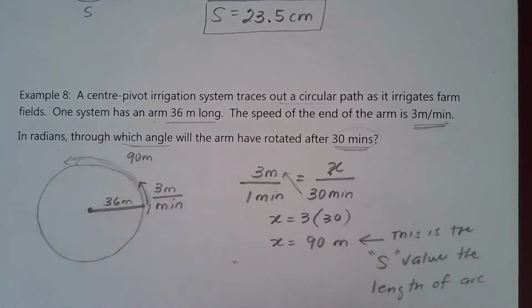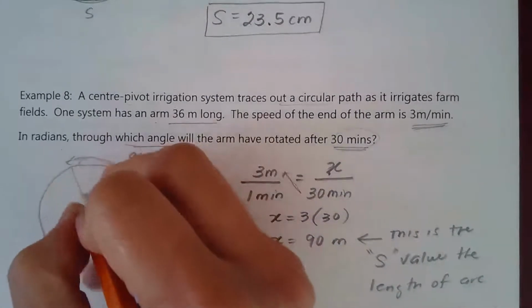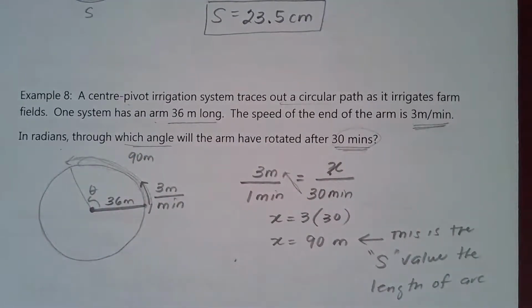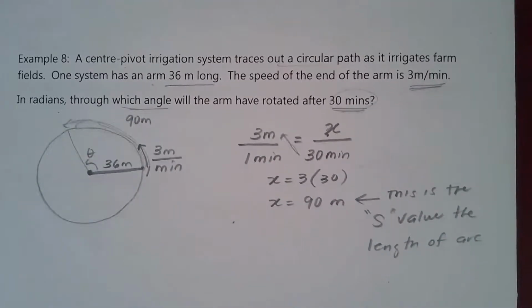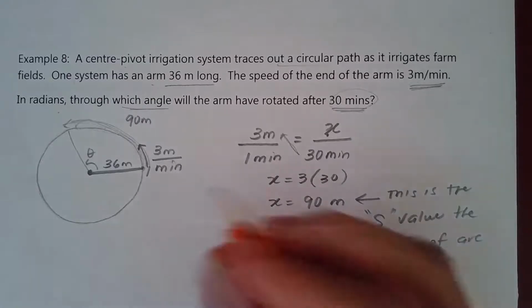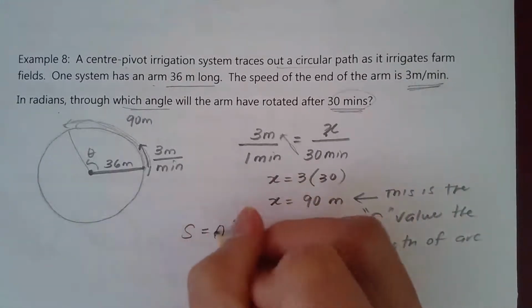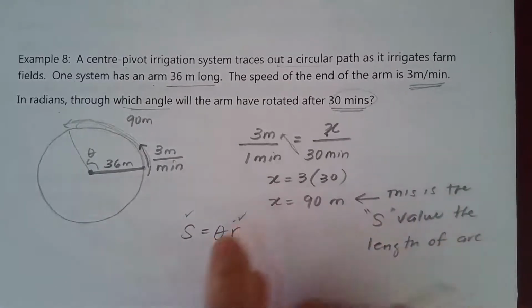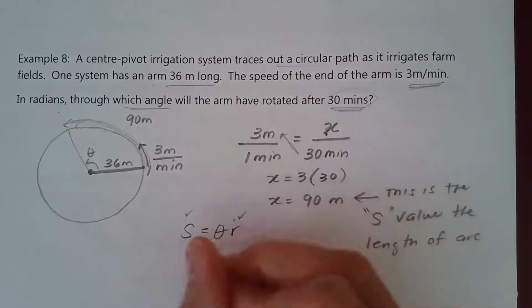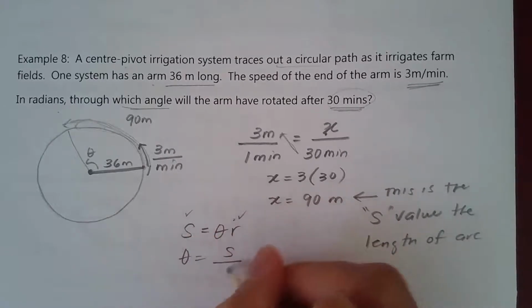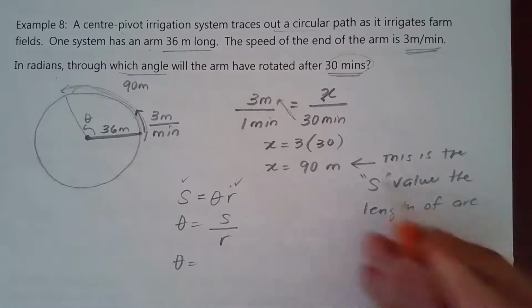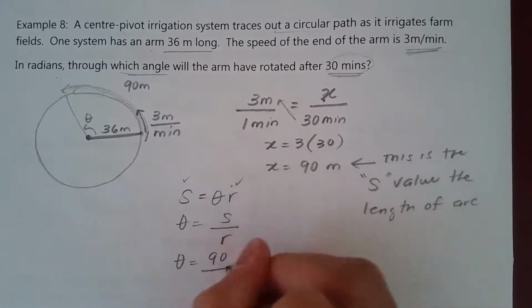So we're looking for the angle. What is theta? Okay, so S is equal to theta times R. We know what S is, and we know what R is. We just look for theta. So theta is equal to S divided by R. S is 90 meters.